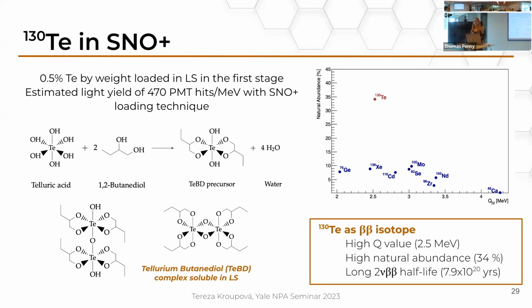Very important point to make here is that as we load more tellurium, we need to make sure that the light yield of the scintillator stays high. So currently for 0.5%, we still have almost 500 PMT hits per MeV at SNO+. So this is what I will be showing all of the predictions with. That is with this loading method that we've developed.